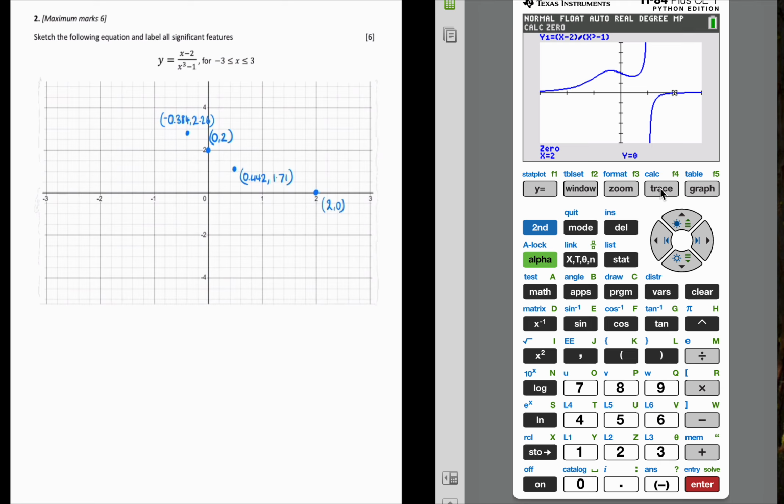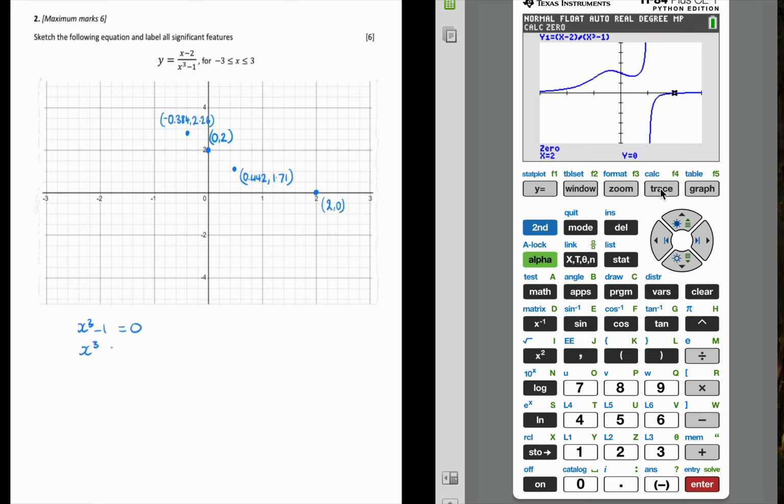We should also just double check, does it have any asymptotes? Now, because the graph is a fraction, we know that it does have one, and the asymptote is when the denominator is equal to 0. So the denominator is x cubed minus 1. So when that equals 0, we have an asymptote.